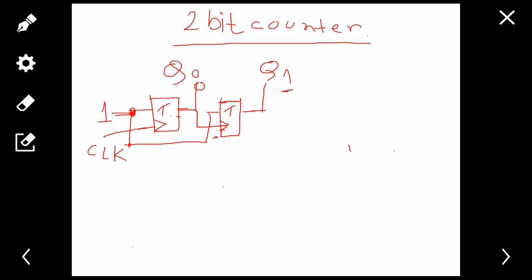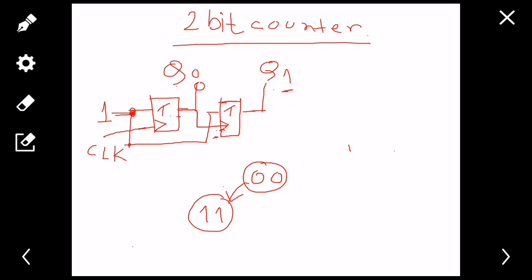So this will change the counting sequence, it will now count in the opposite direction. So you may find something like this. Say for example, if your initial state is 0 0, the next state you will find is 1 1.